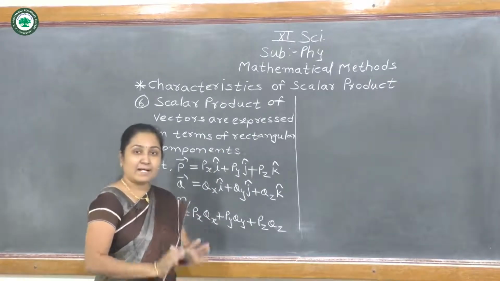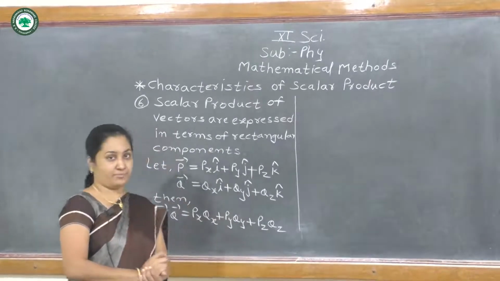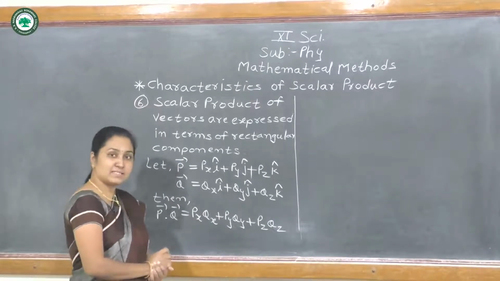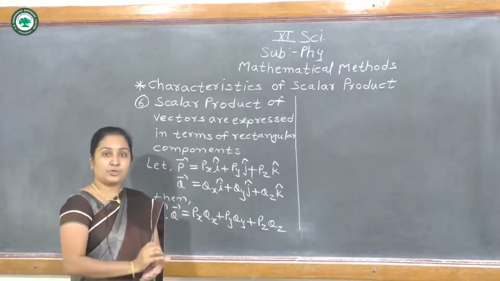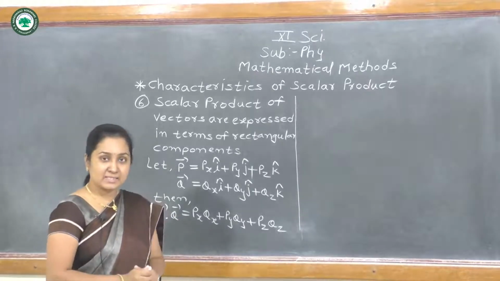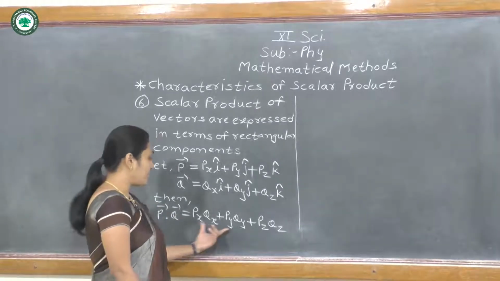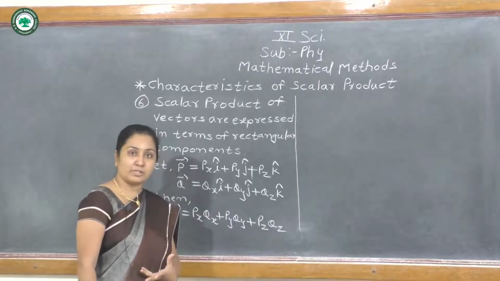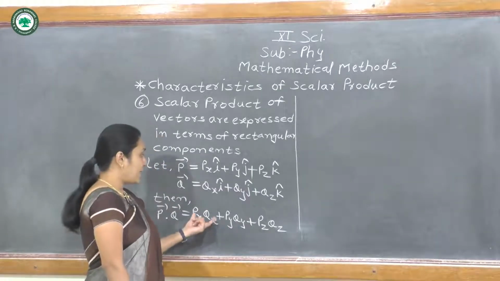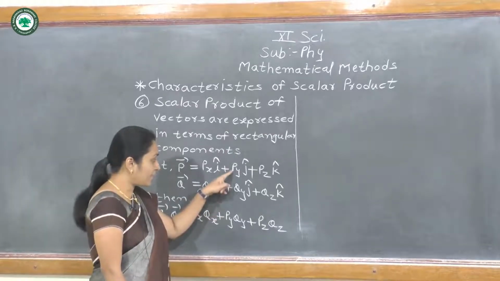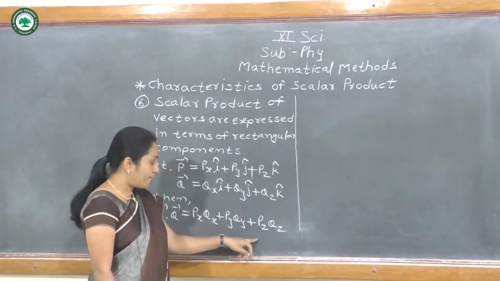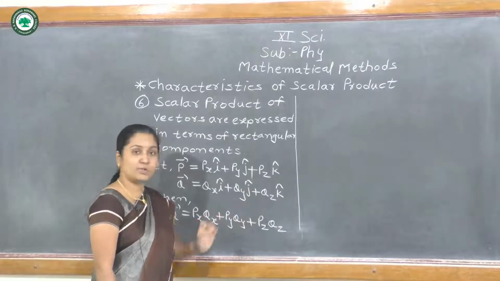So this is characteristic number 6. In this, we can say that the dot product p bar dot q bar is expressed in terms of its rectangular components, that is px qx plus py qy plus pz qz.